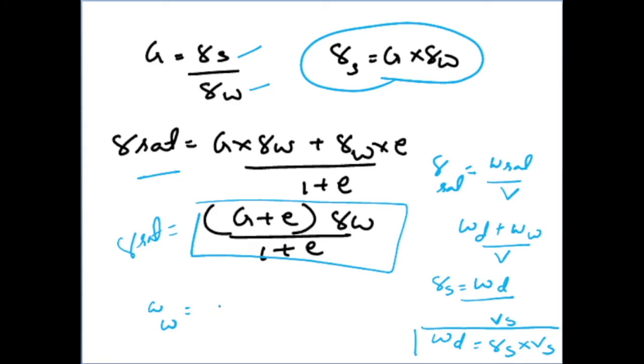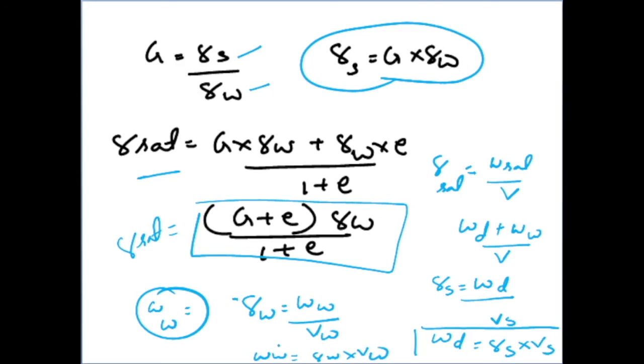Also, gamma w is nothing but Ww divided by Vw. So Ww can be written as gamma w into Vw. This is the second one. Here is where the students get confused about how this has come, so I have explained it once again.